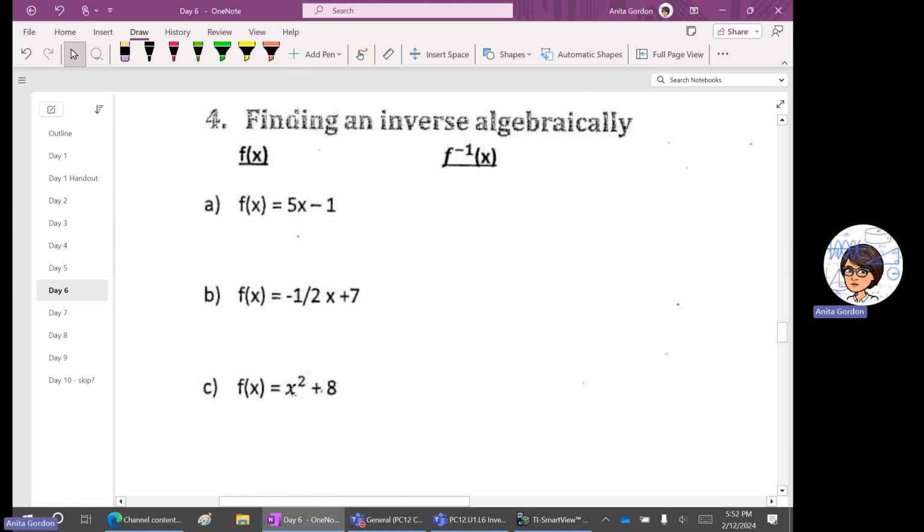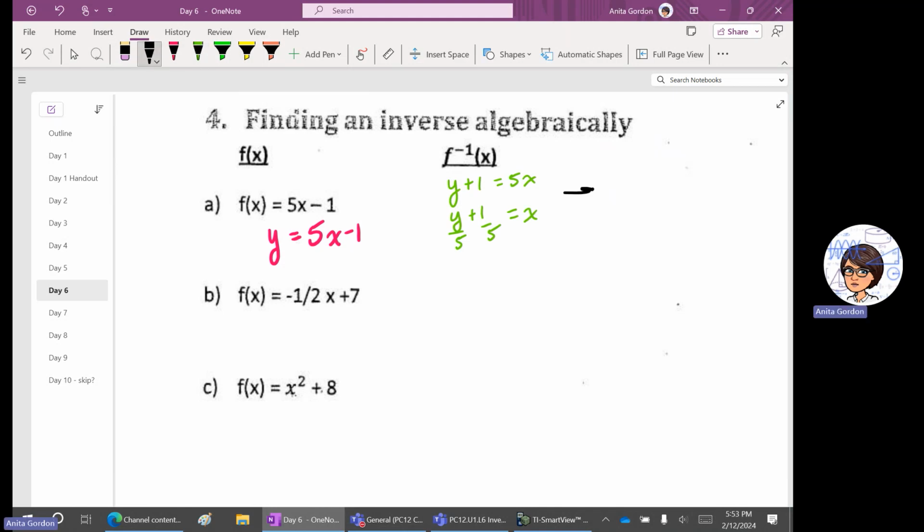Okay, this is the function f of x equals 5x minus 1. How would I write the inverse? So I'm going to write this like this: y equals 5x minus 1. I want to rearrange this into x equals form. So that means y plus 1 equals 5x, or y plus 1 over 5 equals x.